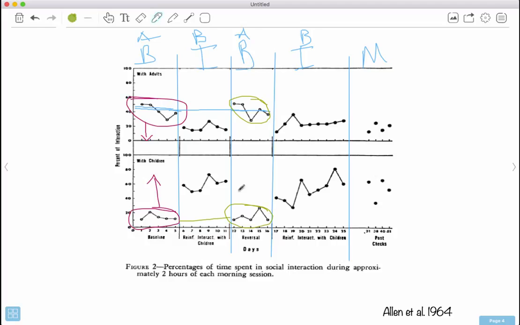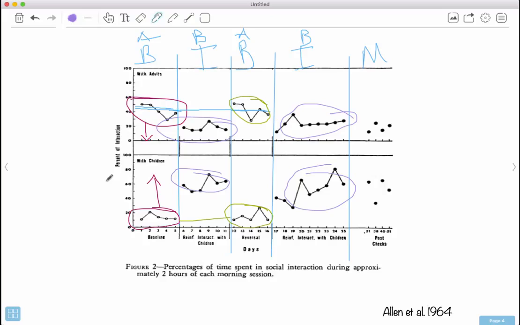Okay, and then we see that we have a replication both in reducing the rate of behaviors of interacting with adults and increasing the rate of interacting with students. And we can say that there is a functional relation between reinforcement for interacting with children and the percent of interaction with adults and children.